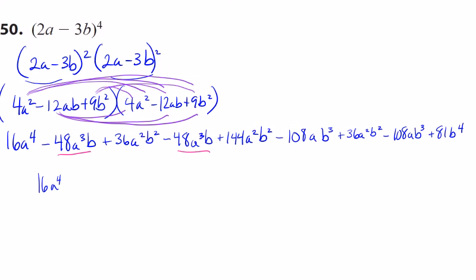Negative 48 minus 48 is negative 96 a cubed b. All right, then we have an a squared b squared term. Two of those, or three of those. So we get 36 plus 144 is 180, right? Plus another 36 is going to be 216. So it'll be plus 216a squared b squared.